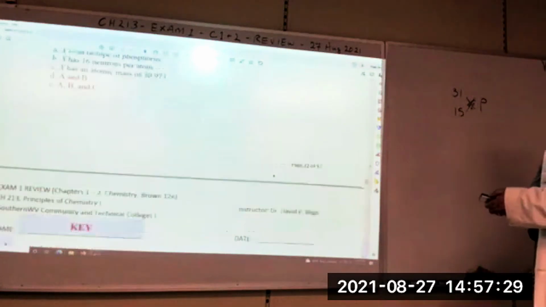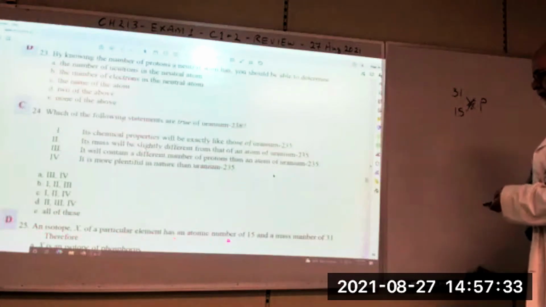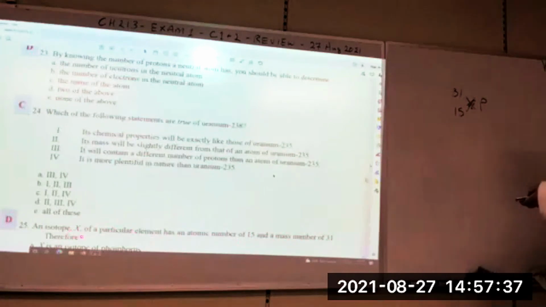No, we're saying D. So it must be based upon an isotope of a particular element. So we're saying that we're only looking at that one isotope. The atomic mass that's in the periodic table is a weighted average of all the naturally occurring isotopes.